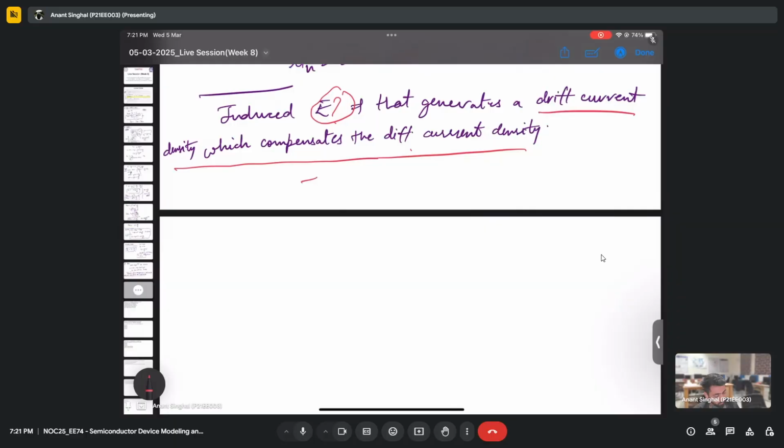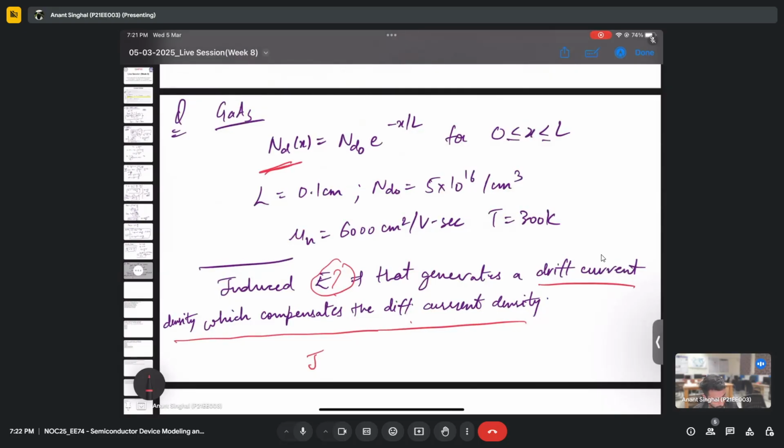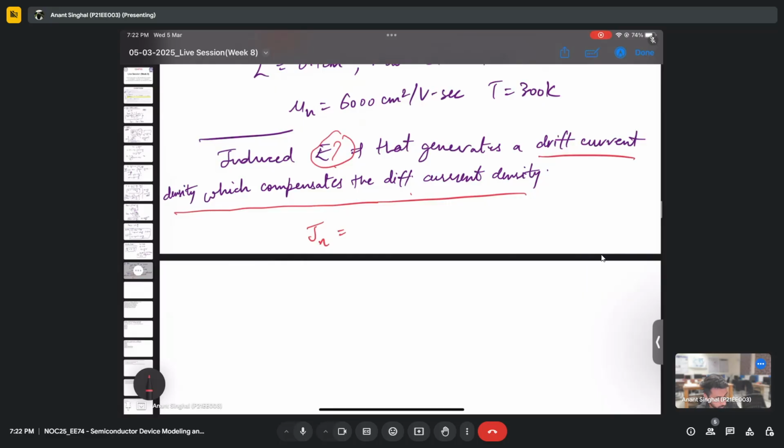Since this is an n type problem, the total component is nothing but the drift plus the diffusion. Now what the question is saying is that we need the diffusion current density to compensate the drift current density, so we need to have a total current of zero, right?